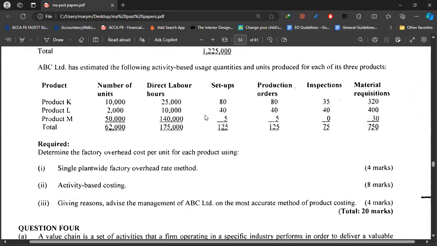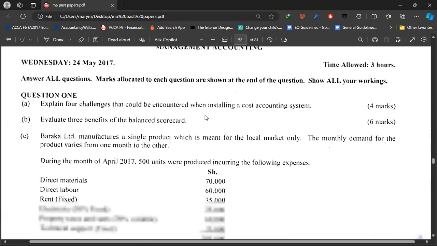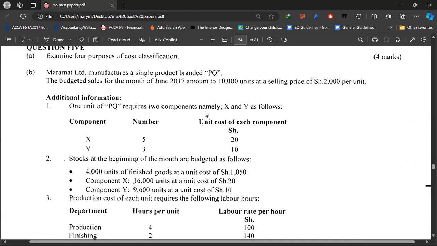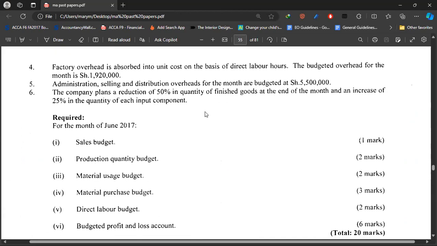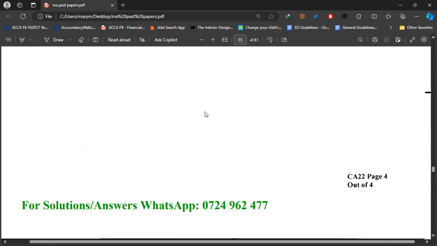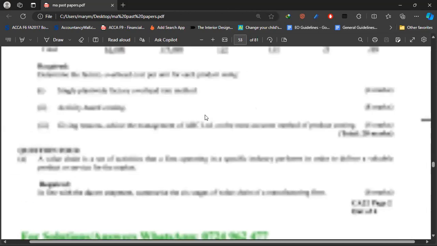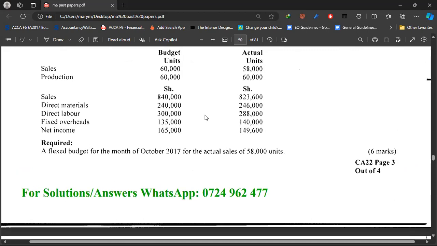It should be November. Let me confirm. Correct.